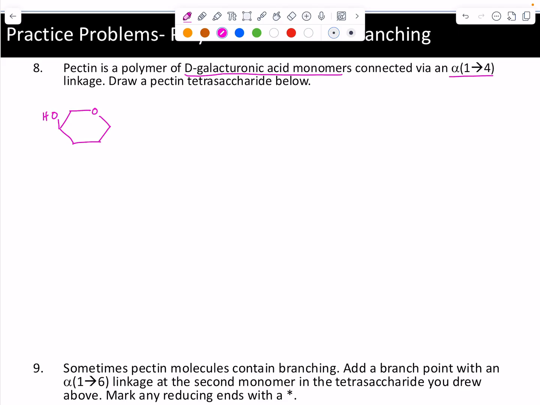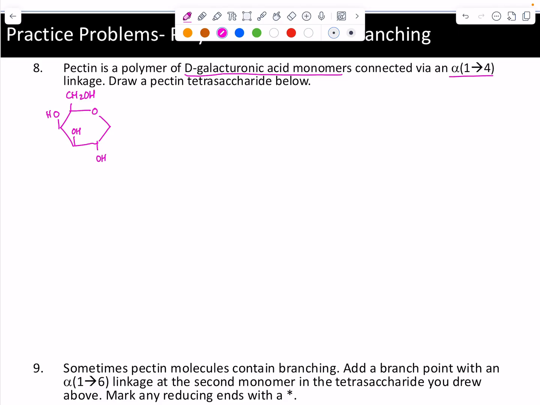So remember that our galactose is, sorry, this one goes up, that goes up, that goes down. There's our CH2OH, and let's see.